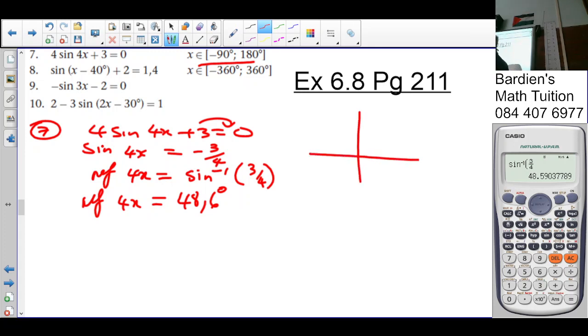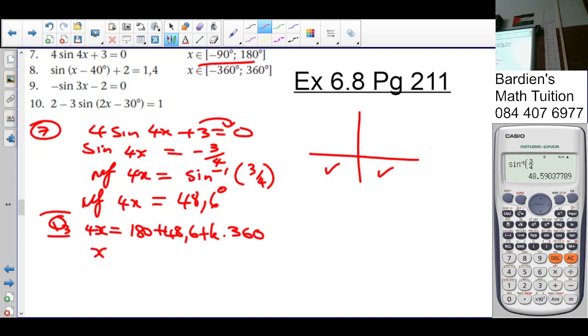The question you should be asking yourselves is in which quadrant is sine negative? So it's negative in 3 and 4. We go into quadrant 3. How do we get in quadrant 3? 4x is equal to 180 plus 48,6 plus k times 360. Why do you say k times 360? Because the period on the sine graph is 360 degrees.